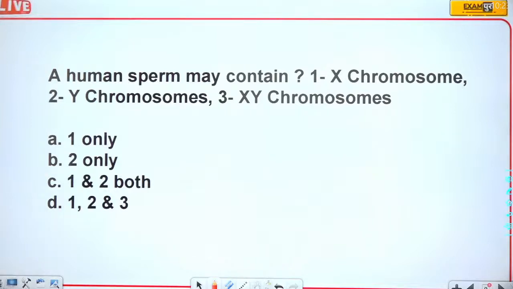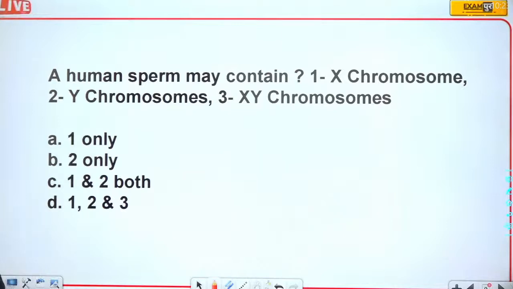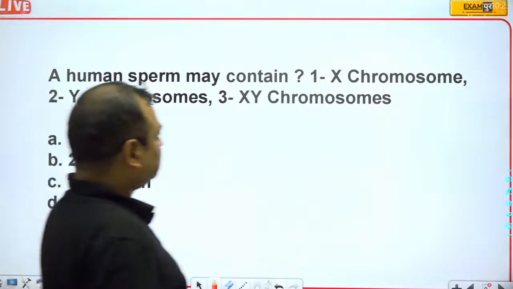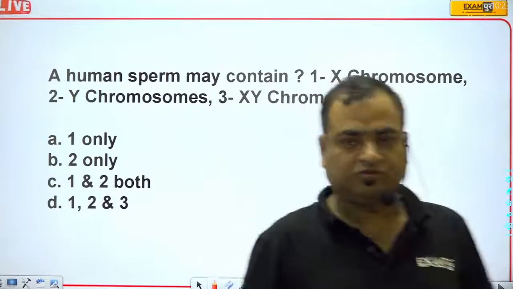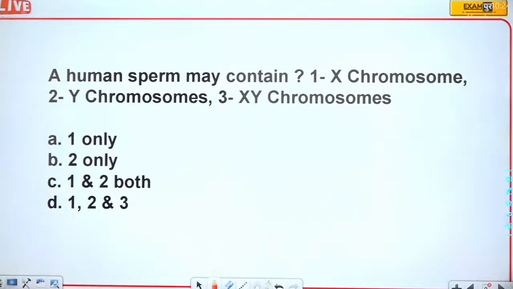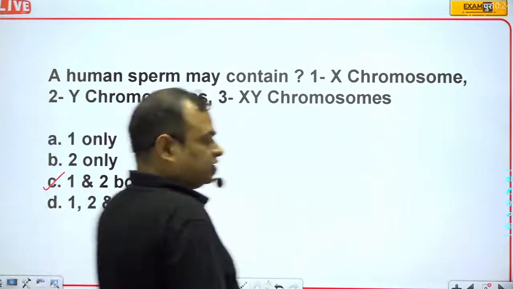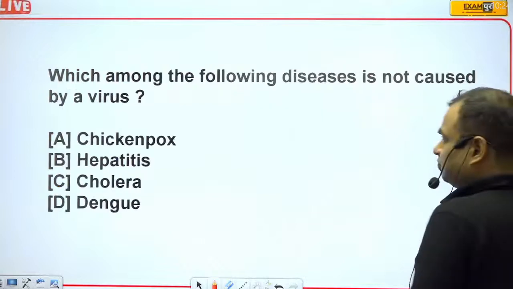And when only XX match, then obviously you can say that a female child is born. Okay, so guys, tell me which one is the correct answer. Obviously human sperm may contain one and two both.